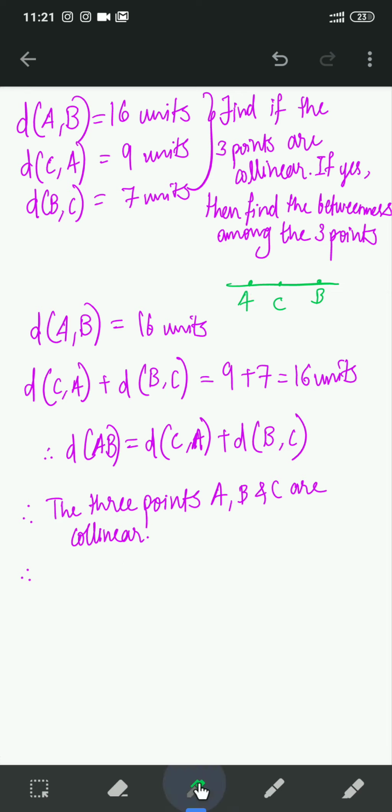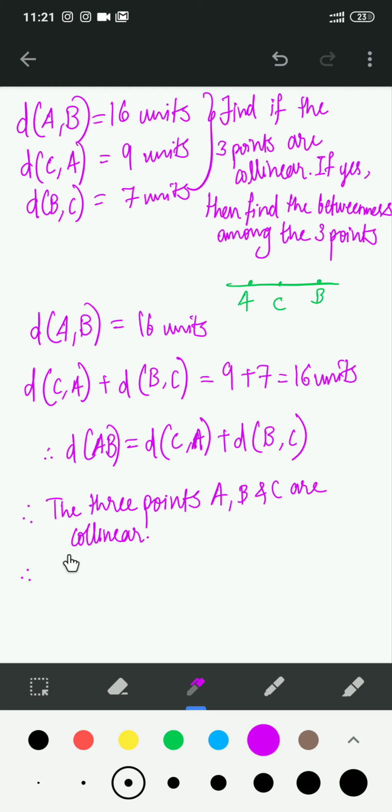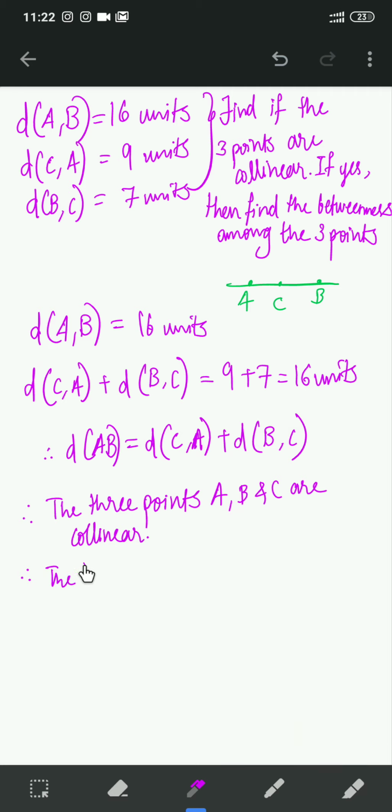Therefore, I can say the betweenness, I'm sorry, I made a mistake, the betweenness is A-C-B.